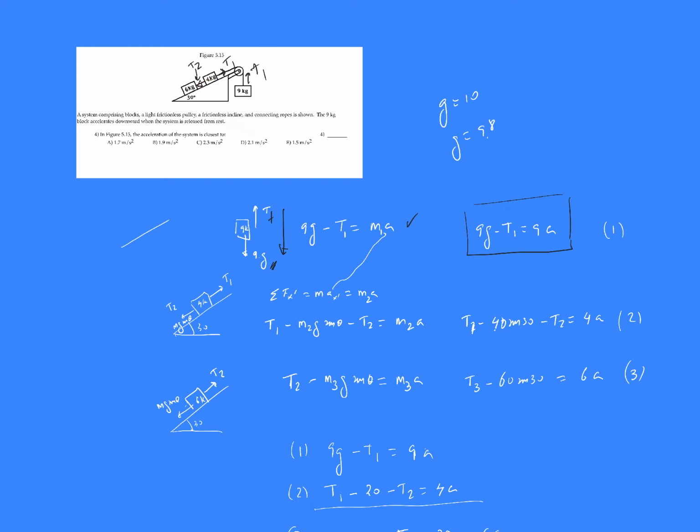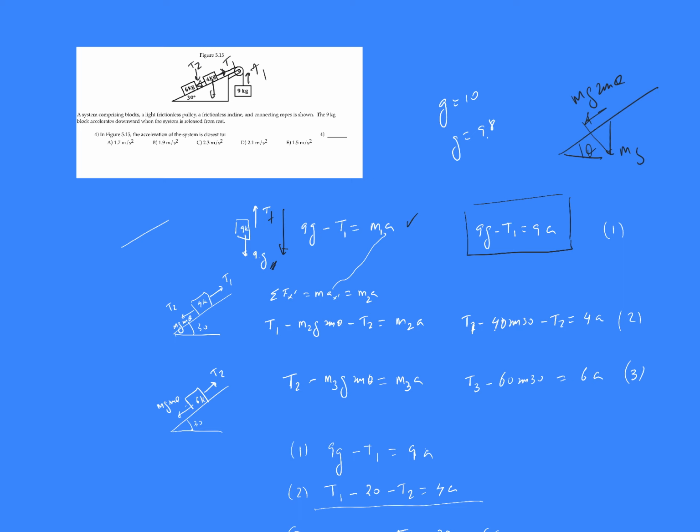And there is the component of the weight in this direction. This is the weight, mg, and the component, as you know, is mg sine of theta, when theta is this angle.